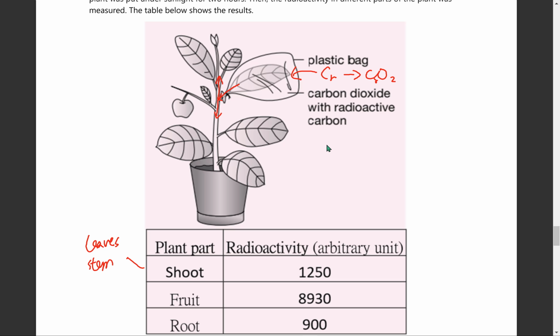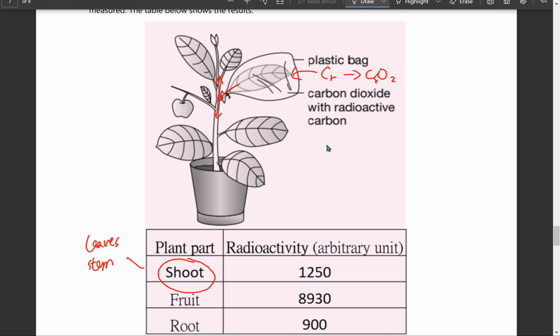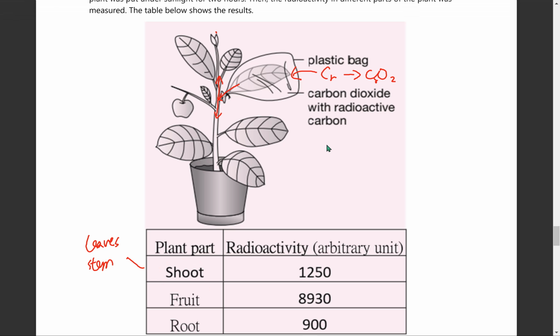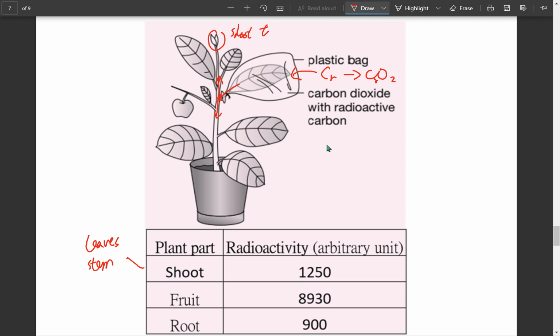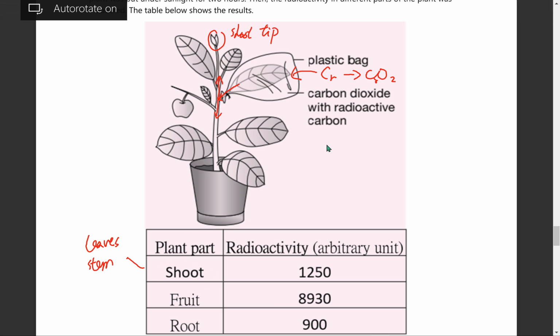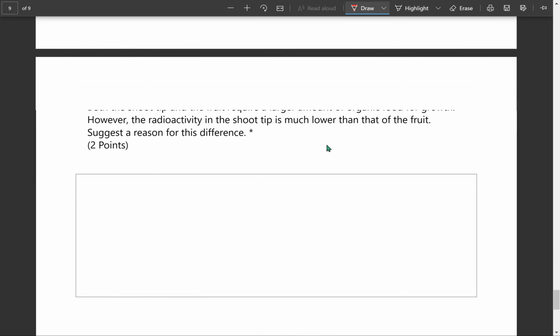Prove that the translocation of the organic food, organic nutrients, is bidirectional. Okay, so shoot, including, oh sorry, the question means the shoot tip. Okay, so this is the shoot tip. Right, so basically you have to compare. Oh no, I think I will stop here. Okay, I'm giving you too much hint, although it's only 1 mark.